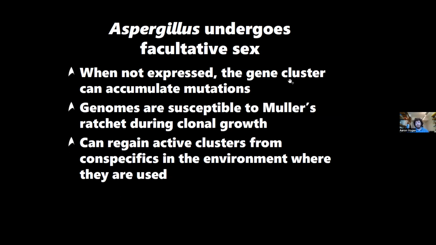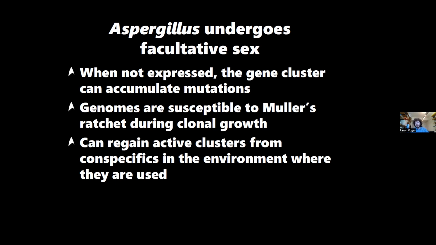And if you have a gene or a gene cluster that isn't always expressed, and it's undergoing clonal replication when this gene isn't expressed, it can accumulate mutations. And potentially, from Muller's ratchet, this type of stuff, that gene gets eliminated. And if that were the whole story, it would probably lose that gene and not be able to competitively interact with the Streptomyces species anymore, right?